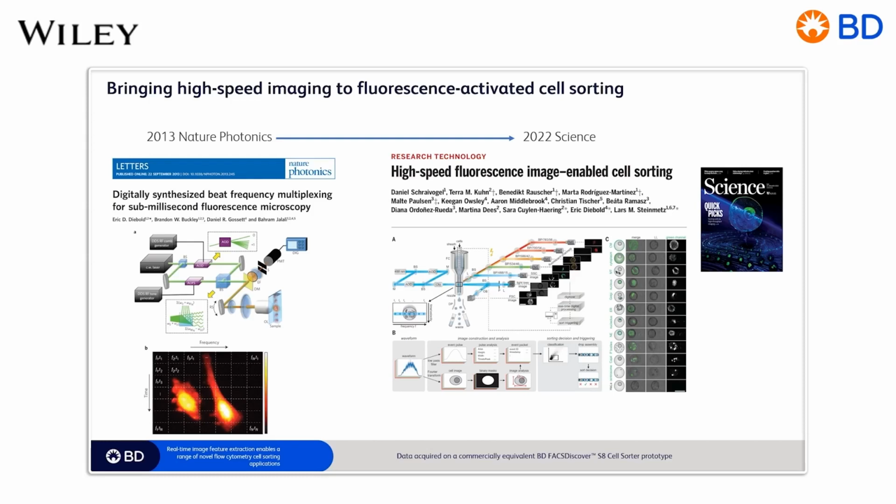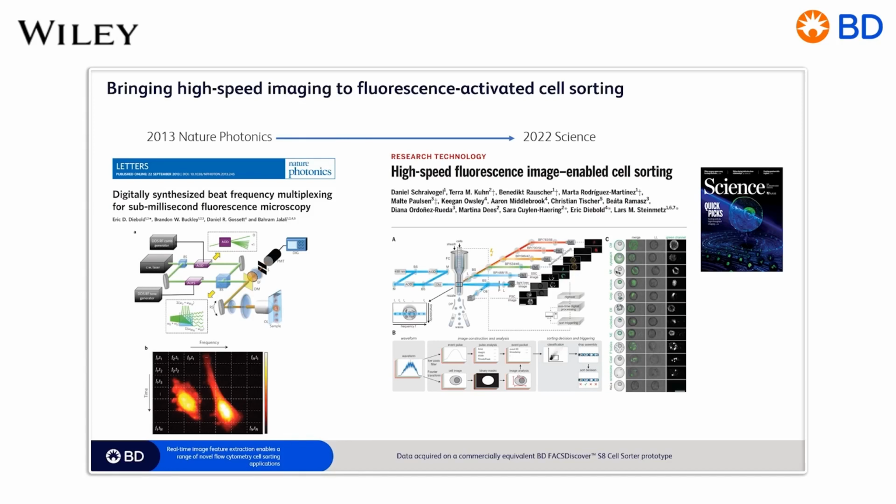And from that point, his small company, Omega Biosystems, was acquired by BD, and we've been working for the past 5-6 years developing this technology, and have now packaged it into a sorter.